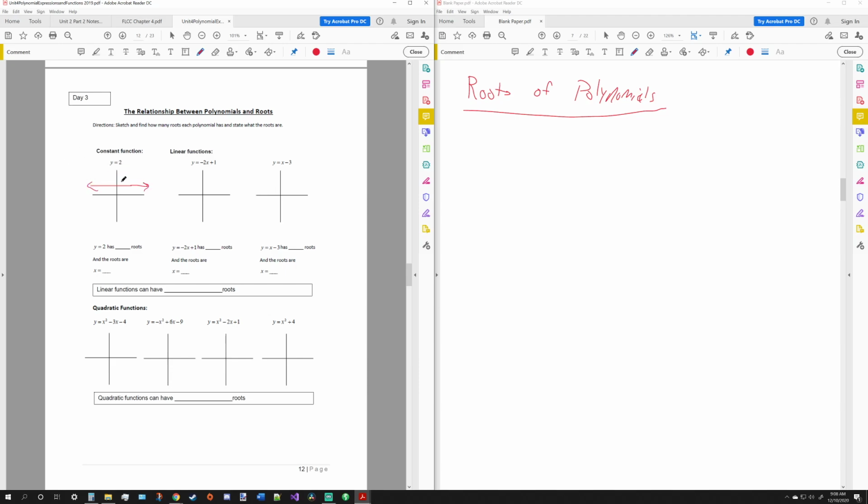All right, this is just a sketch. And negative 2x plus 1 would be, we'd have a positive 1 y-intercept and a negative 2 slope, so maybe something like that. Here we'd be at negative 3 and have a positive slope. Maybe something like that. All right, that's a sketch.